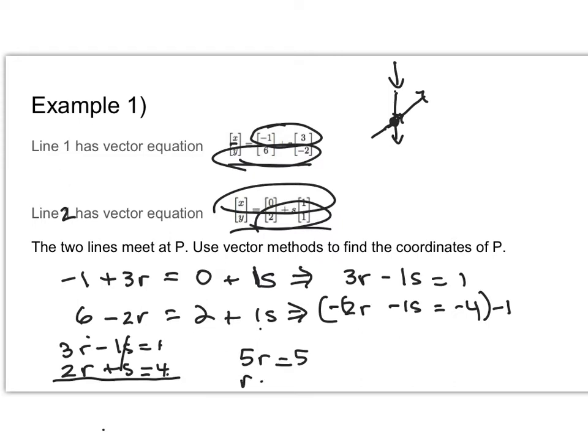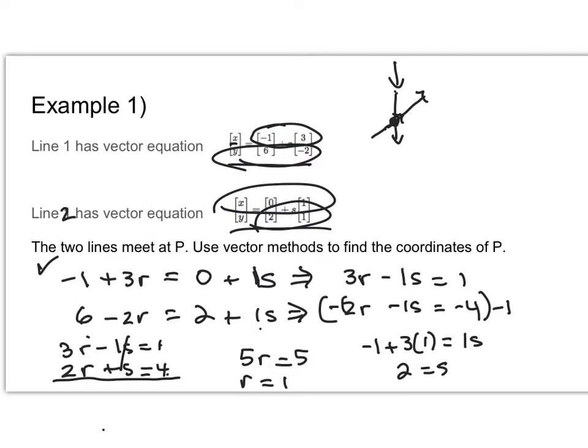So that means that r equals 1. So I know that the r value is 1. Let's go ahead and find the s value. Let's plug r into our first equation. So if r is 1, -1 plus 3 times 1 equals 1s. So that means s equals 2.